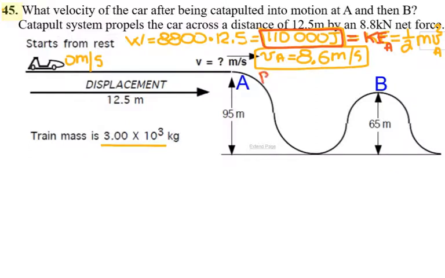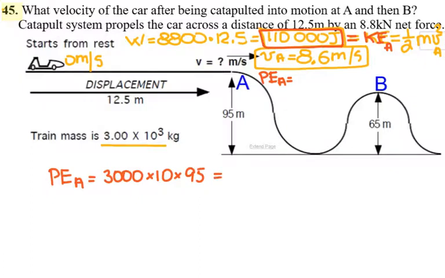And the potential energy at point A is equal to mass, g, and h, which is 95. Let me see what this number is equal to.